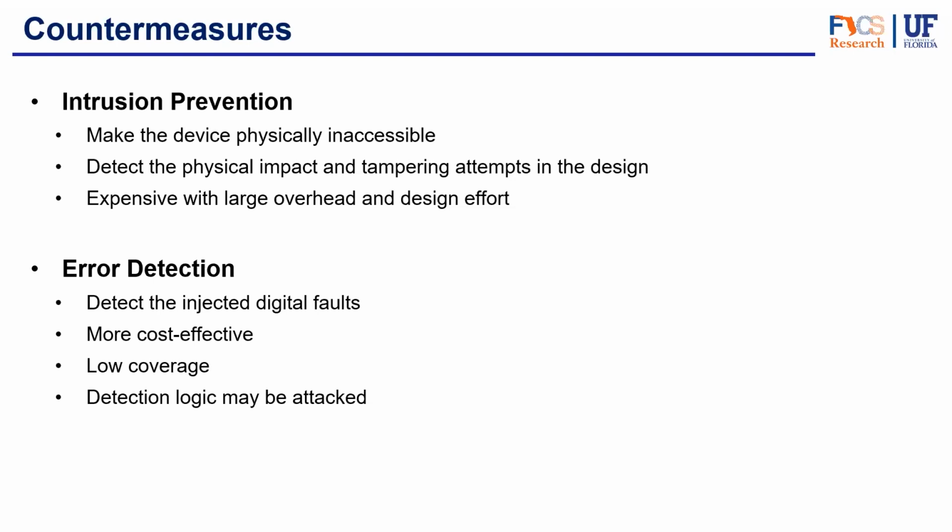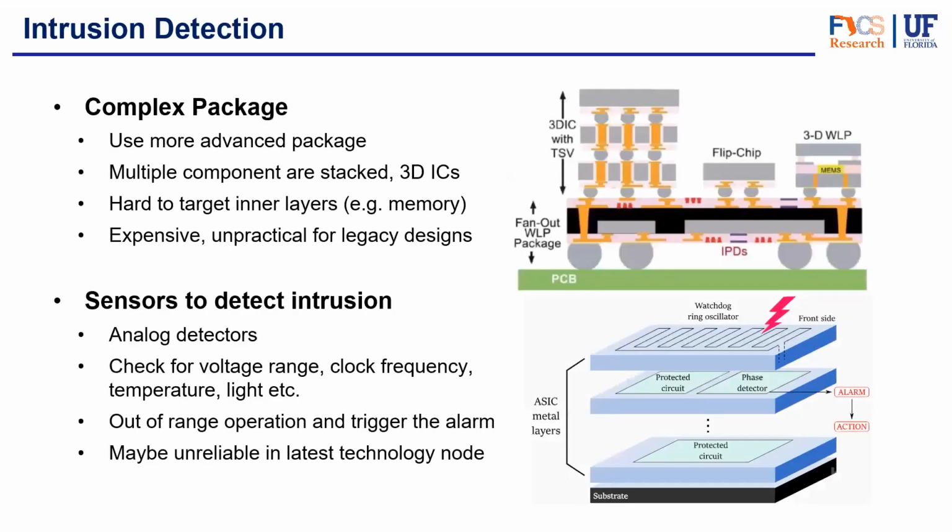They should be low overhead, and the solution should be widely applicable to all designs. At the same time, error detection techniques have low cost, but also low coverage, and we will talk about those in a little more detail.